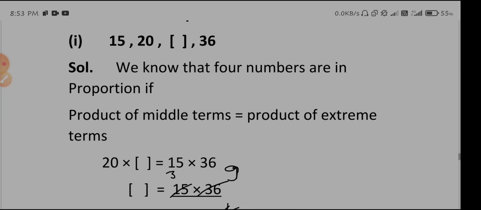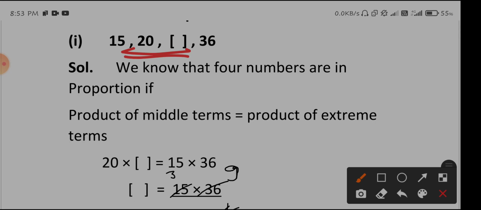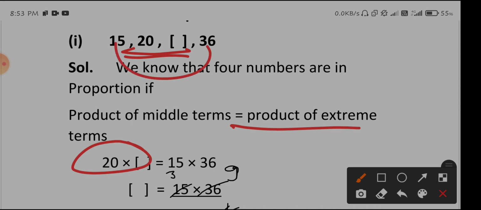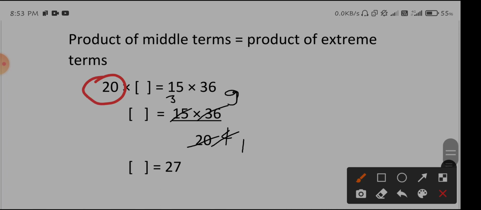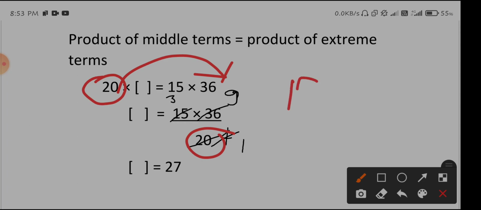Middle terms are 20 and this box, so 20 multiply this box, you have to write equal to product of extremes. Extreme means 15 into 36. Now solve this, as 20 is given in multiplication, so on the right hand side it will change into divide. Now 15 multiply 36 upon 20.